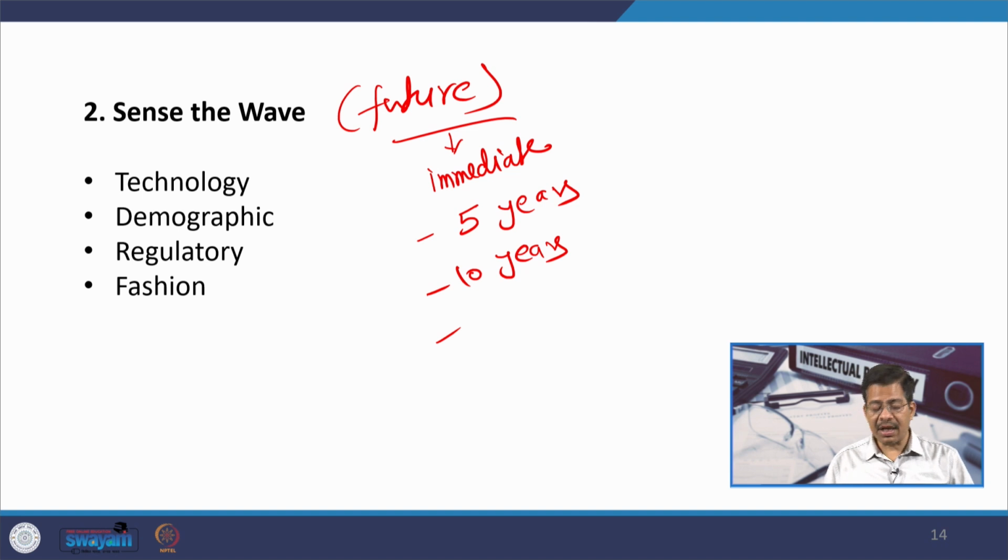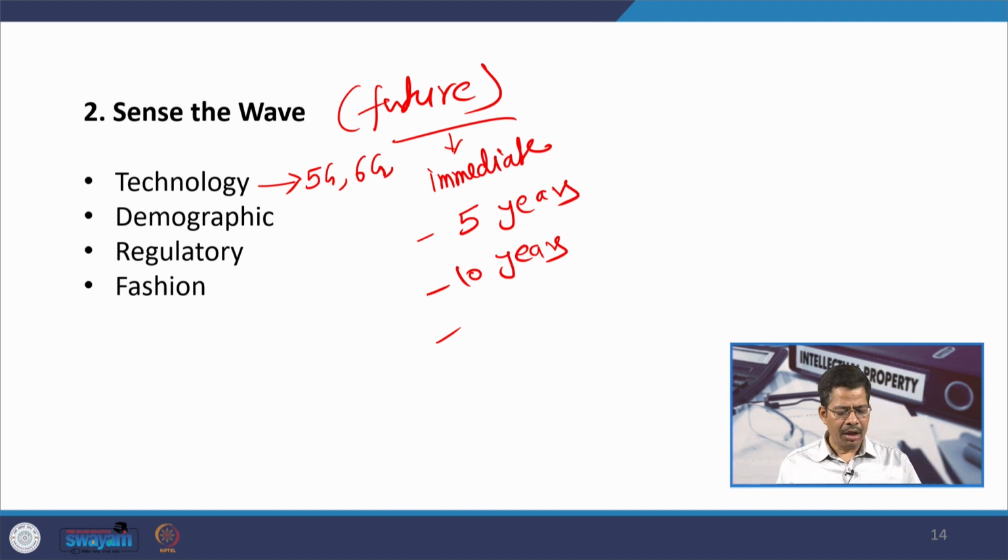And these changes are possible with respect to technology, like we are using 5G, then 6G will come. So, when we are expecting 6G, when we are expecting 7G, how we are moving from normal internet to IoT, that is also a technological wave.